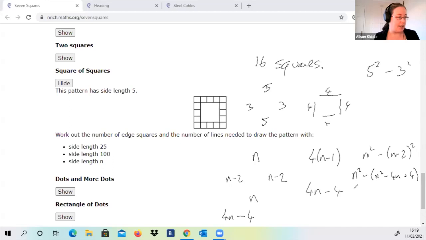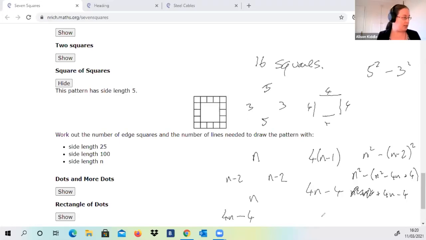And then when I subtract it, I'm getting n squared minus n squared plus 4n minus 4, and so these bits are going to disappear, and I'm getting the same simplification. And that's exactly what Fatima's just said in the chat, that once we simplify it, we get exactly the same expression, even though we had different ways of working it out. And that's quite comforting, actually.